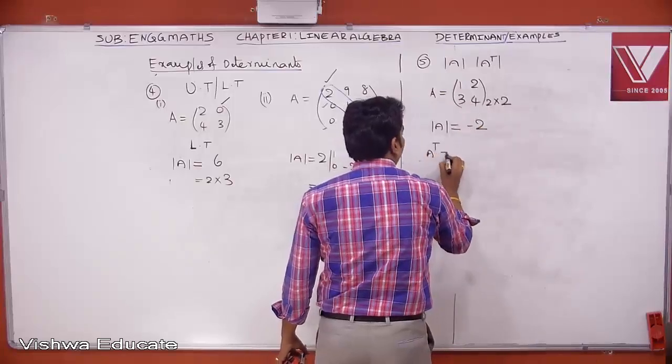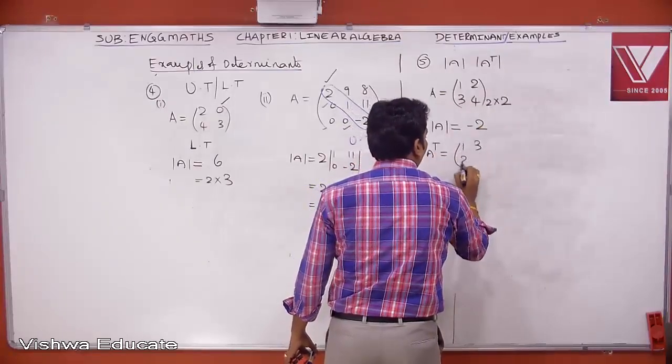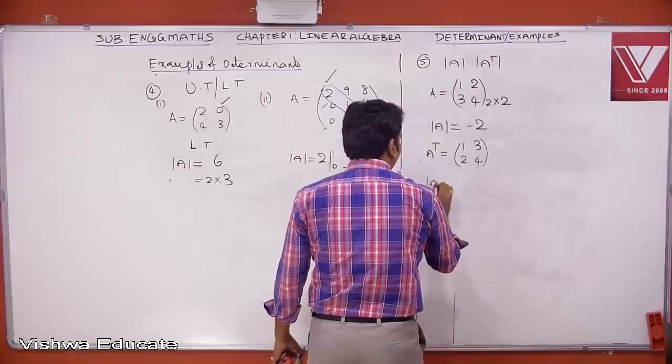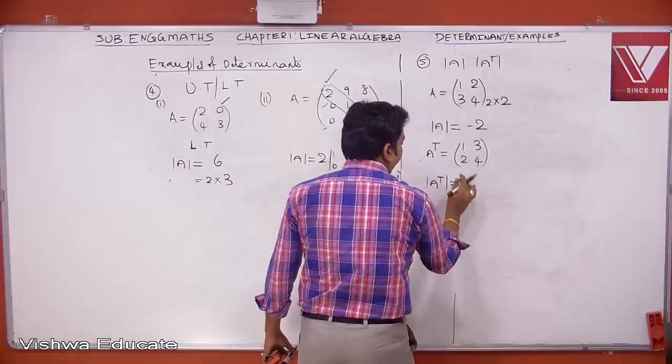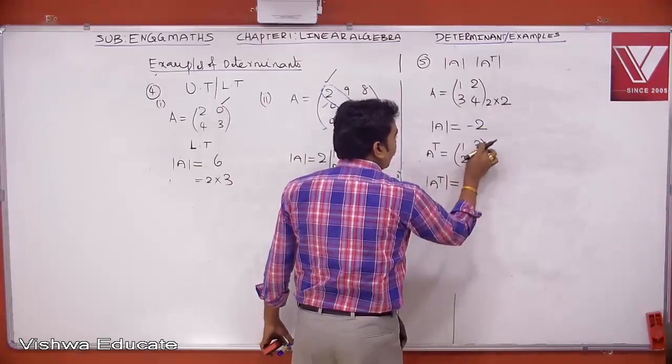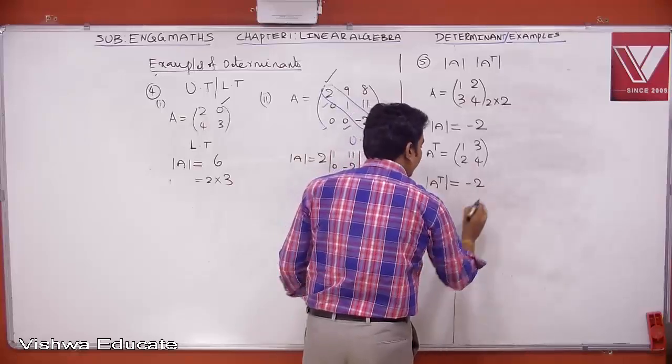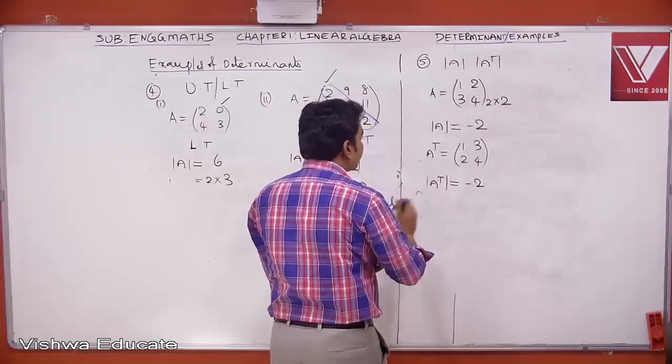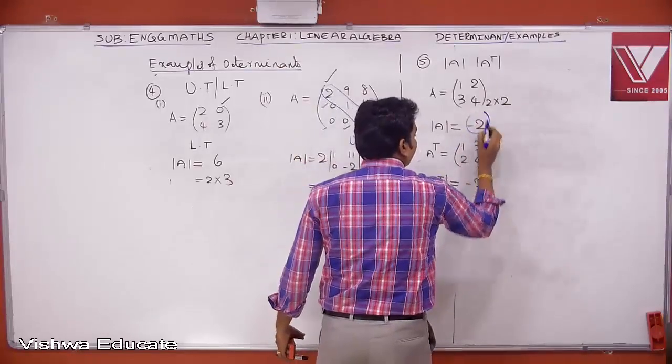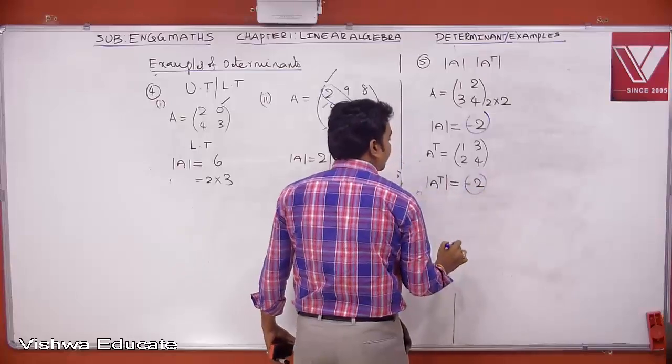Now the transpose of this matrix is 1, 3, 2, 4. Now the determinant of this matrix is again product of diagonal minus product of non-diagonal. This becomes minus 2. Therefore, det A is minus 2, and even det of A transpose is minus 2.